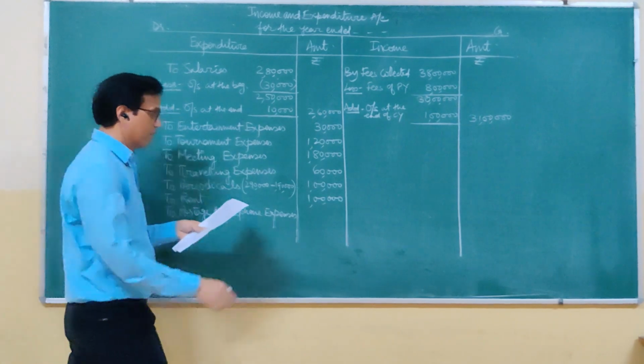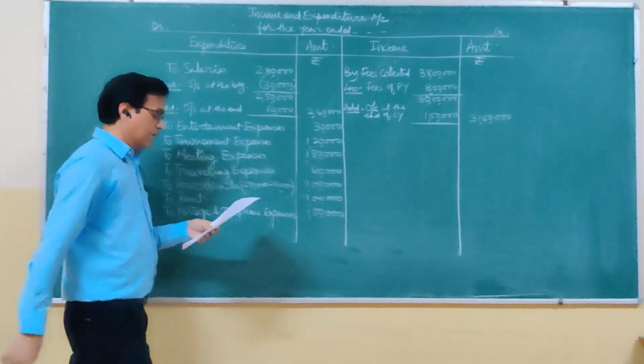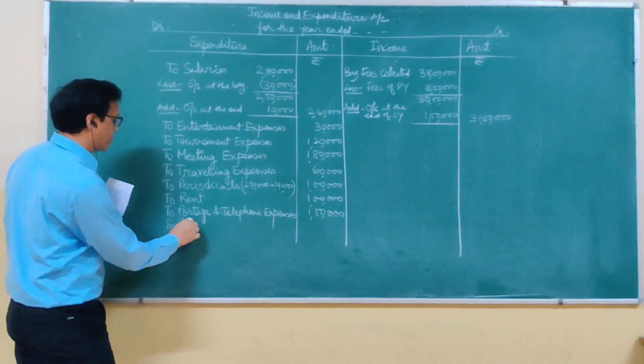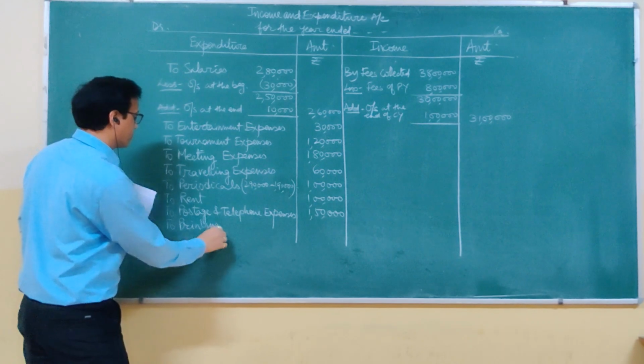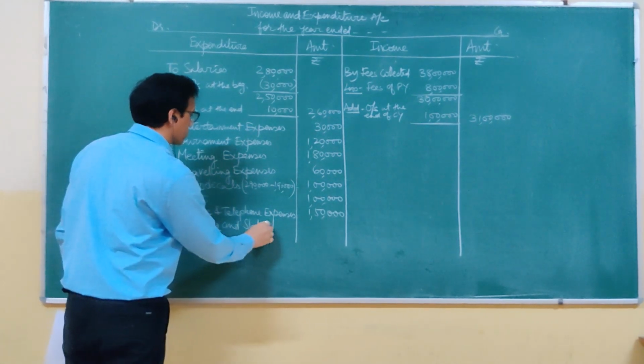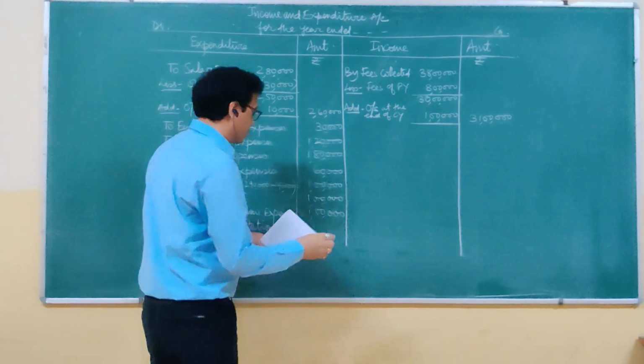And they are 1,50,000 rupees. Then printing and stationery. So To printing and stationery. And this is 40,000.